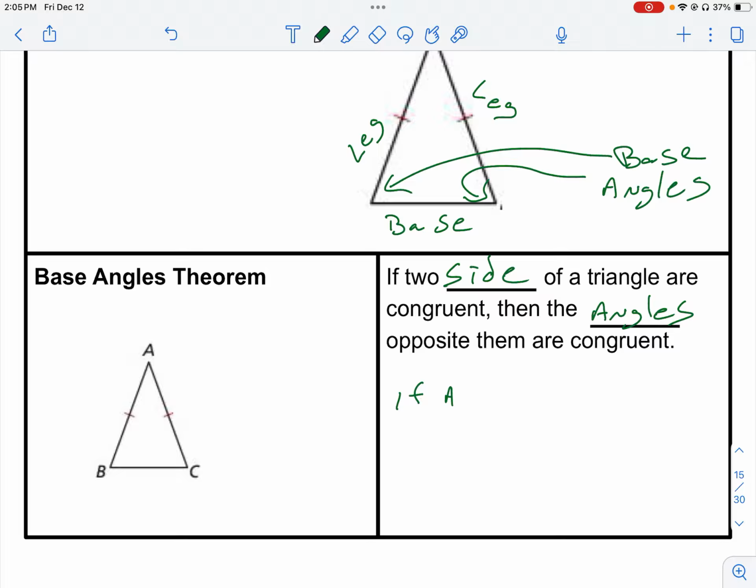So if AB is congruent to AC, then angle B is congruent to angle C. So what did we do? We just went across the triangle to find the angles. They have to be congruent. That's what the base angles theorem tells us.